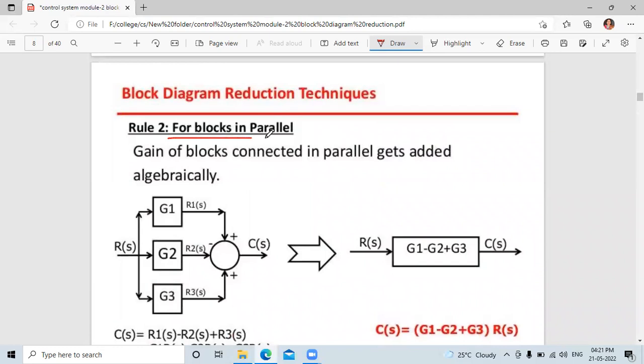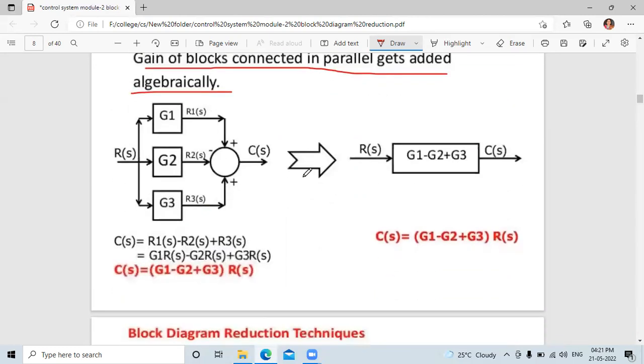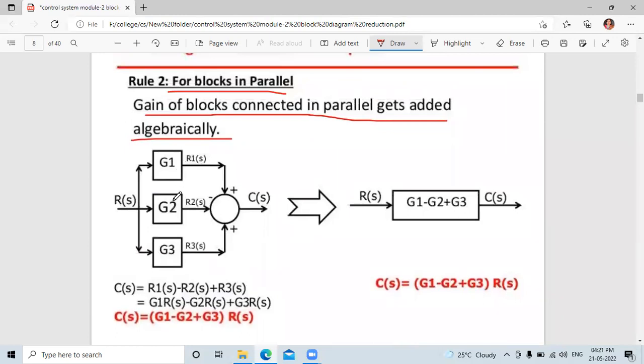Next, for blocks in parallel, the gain of blocks connected in parallel gets added algebraically. So G1, G2, G3, these three are in parallel. What can you write?